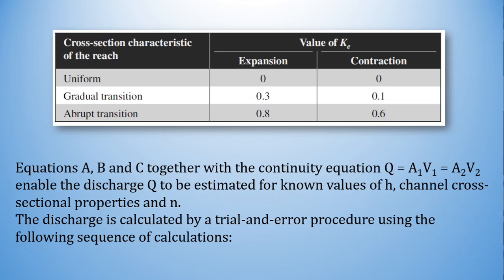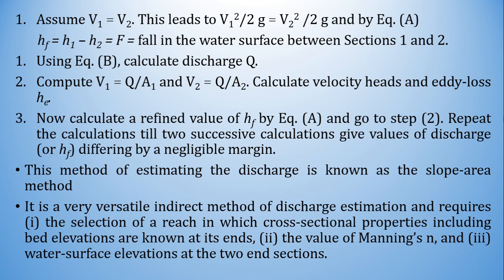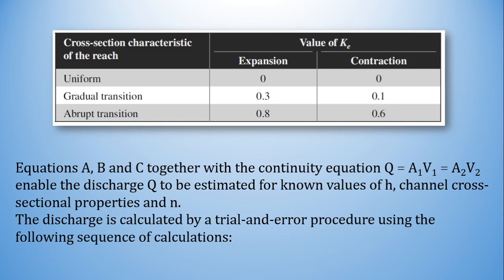The discharge is calculated by a trial and error procedure using the following sequence of calculations. Assume V1 is equal to V2. This leads to V1 square by 2G, that is velocity head at section 1, is equal to V2 square by 2G, that is velocity head at section 2. And by equation A, what is equation A?